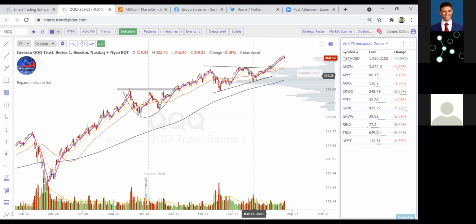So there are certain things that I look at, and as I mentioned before, I want to have the cards stacked in my favor as much as possible. And at this particular time in the market, I don't have big exposure. The only position that I'm holding right now is GNRC. I closed my Amazon position earlier.